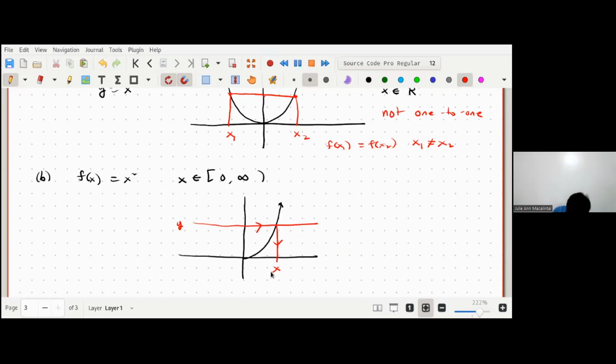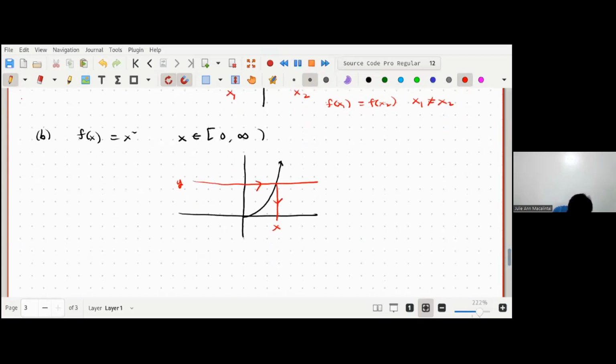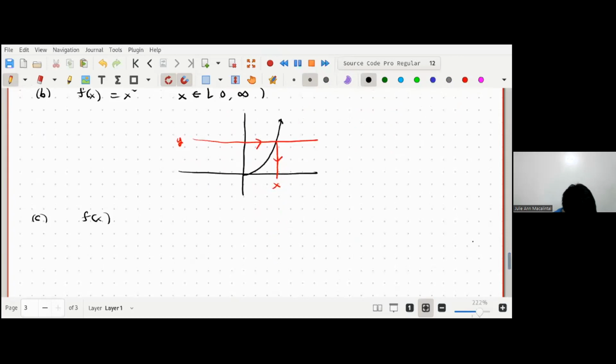Okay, gawa tayo isang mas weird na function na 1-to-1. So, ito, kung walang butas yung function, di ba? So, it's possible to make weirder functions na 1-to-1. Ito, purely increasing. So, let's say we define the function with this graph.